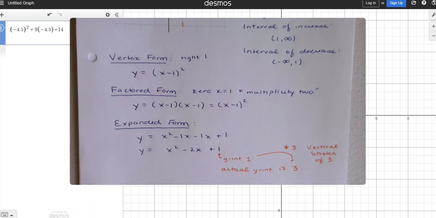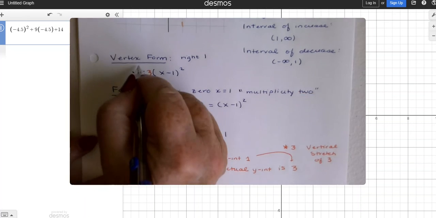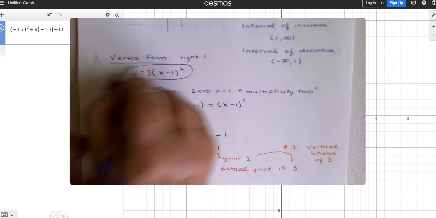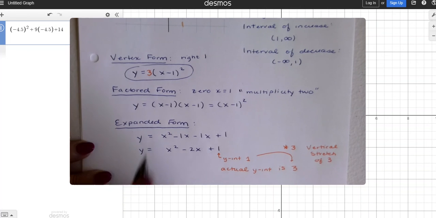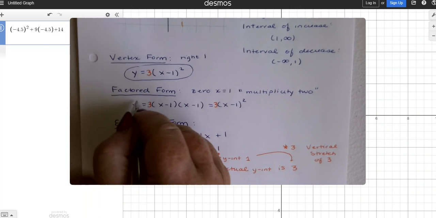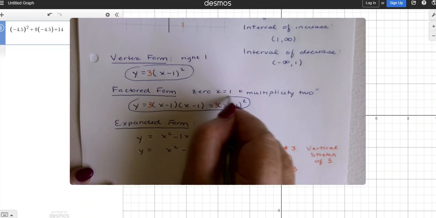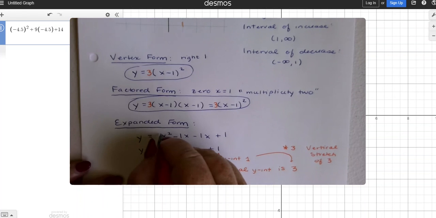And all I'm going to do is go back and put that in every single one of them. So I'm going to put the 3 here as a multiplier. That becomes my final vertex form. Again, here the vertex and factored forms are really the same, so you can either write it out or write it in its factored form like this. And I'll have to have that same multiplier in my expanded form.